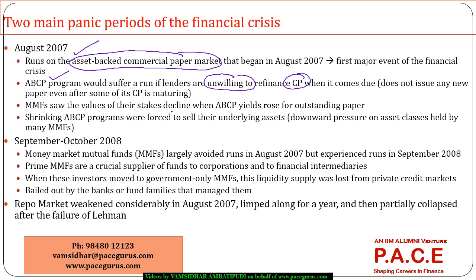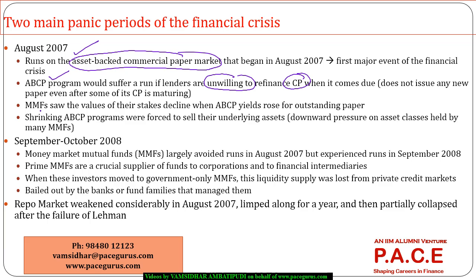But that refinancing could not happen during August 2007 when the commercial paper was falling due. So no new paper is coming out even if the existing commercial paper was maturing. That itself is a clear indicator that there is some liquidity problem in the system.